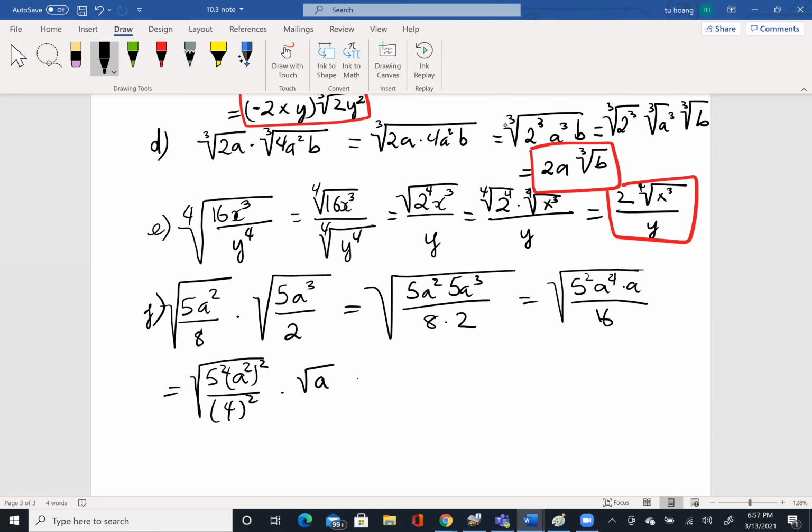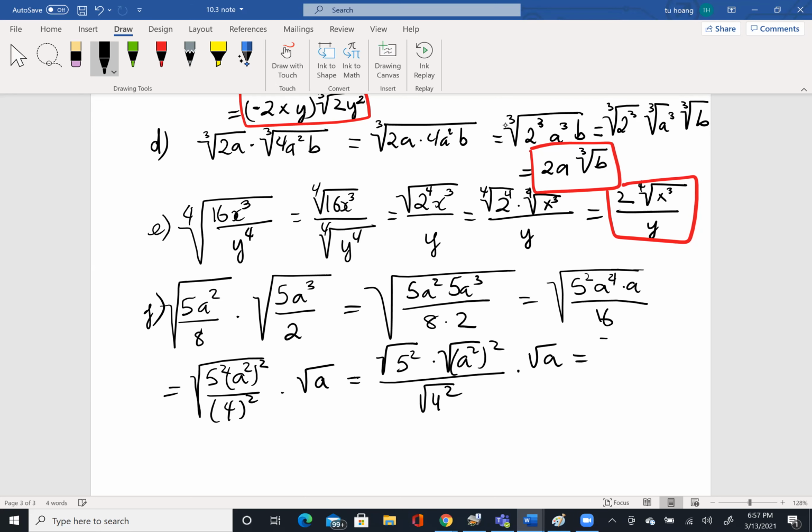So now you can have, at the top, 5 squared, the square root of 5 squared times the square root of a squared divided by the square root of 4 squared, and multiply by the square root of a.